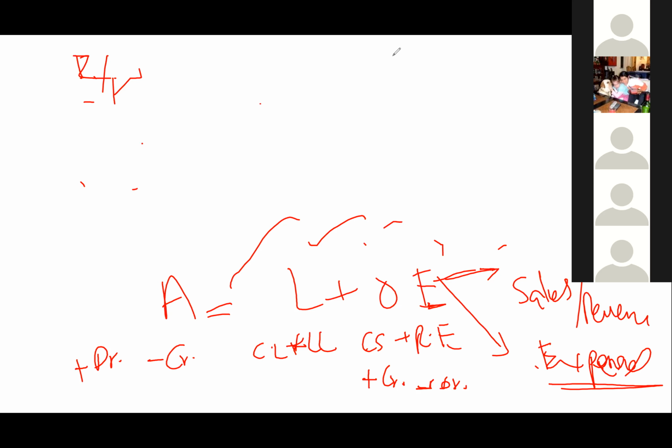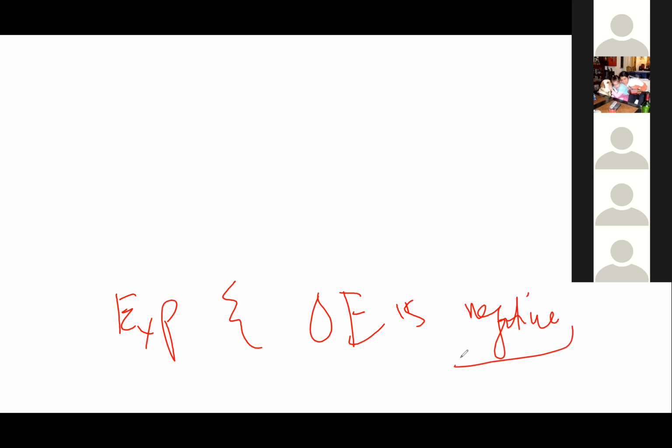Here I need to write it down. Let me clear all this. So the relationship between expenses and owner's equity is negative, which means if expense increases, owner's equity decreases, right?